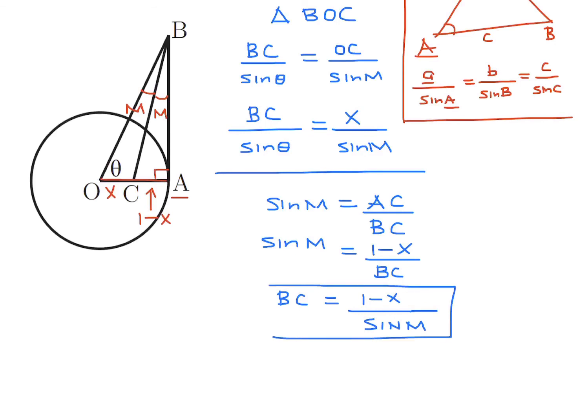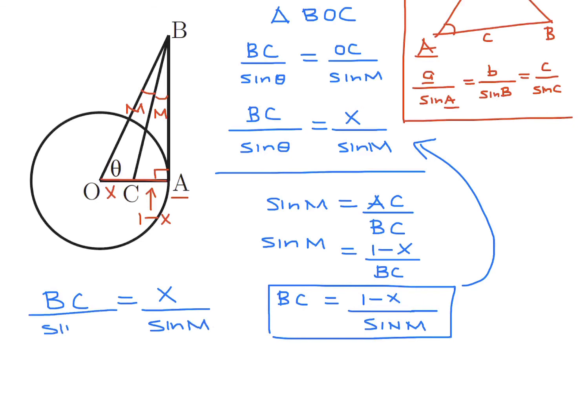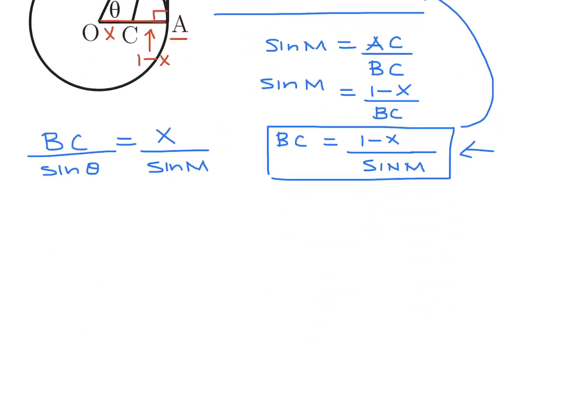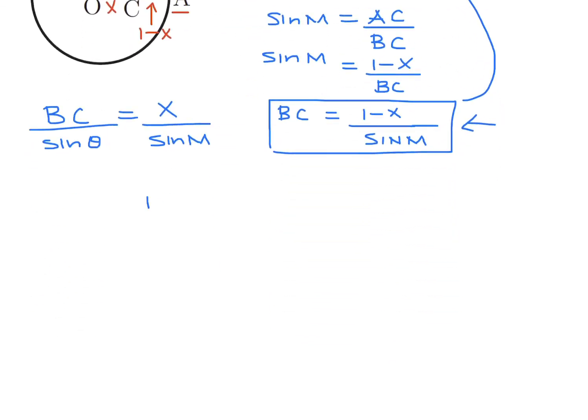So this is very helpful because now we can substitute this back into there. So we've got BC, which is x over the sine of m, all over the sine of theta. BC is this right here. So that means 1 minus x over the sine of m, over the sine of theta, is equal to x over the sine of m.